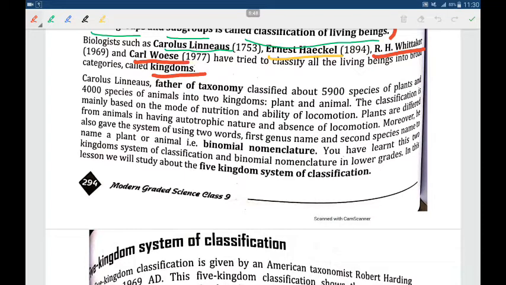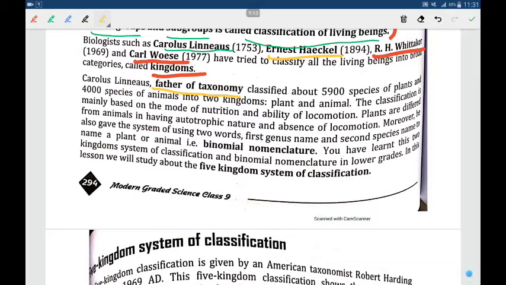Okay, students, now what is the next thing? Here is one term: father of taxonomy. Taxonomy is the study of plants and animals and dividing them into different classes, different groups.